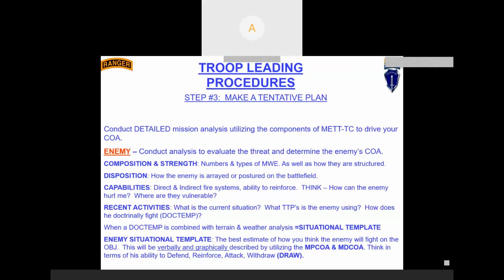Okay, that makes sense. Capabilities: what type of weapons are they carrying? Do they have a mortar tube in the area? Any other questions on enemy?